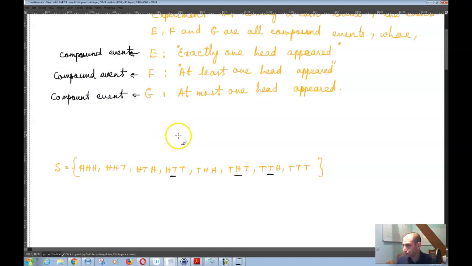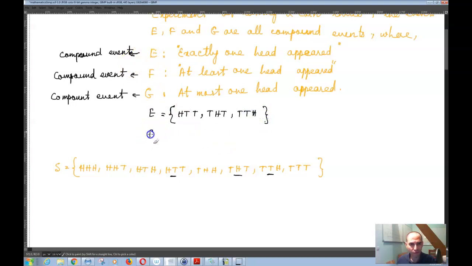So each of the above subsets, the way we showed them, you can write E, F, and G in the form of sets. For example, E is this set: exactly one head appeared, so HTT, THT, and TTH.